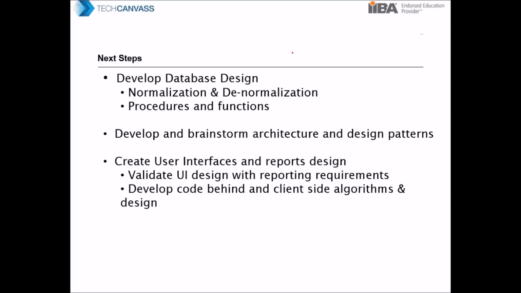So you start creating tables, use normalization, denormalization, write procedures, write functions. In parallel, the architecture is decided. What kind of architecture? It's SOA, or a different kind of architecture, n-tier, whatever architecture is suited for this particular system, that has to be decided. Then, if you're going to follow some design patterns, that can also be used.